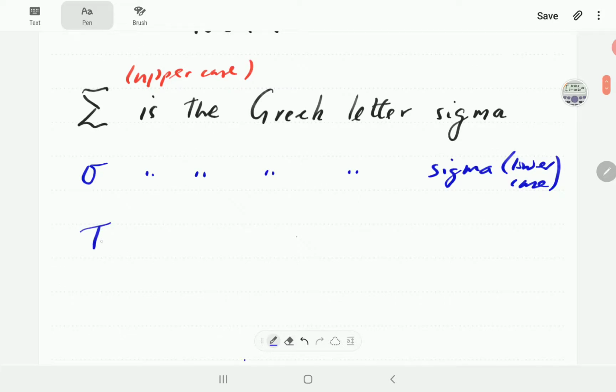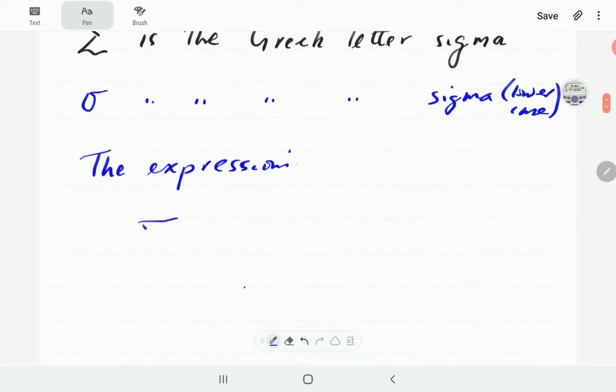So if we write this expression here, f of n, suppose we write here n equals 1 to n equals 3.